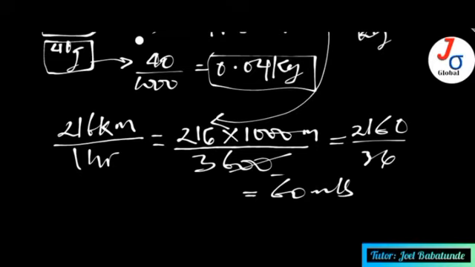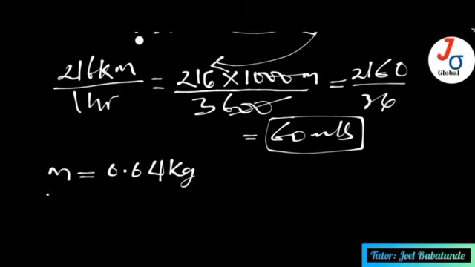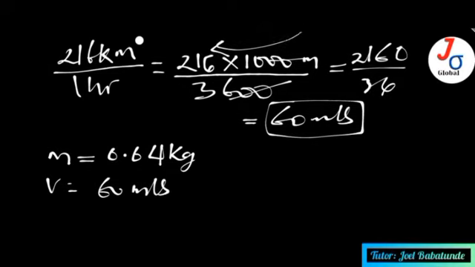So that's the speed at which the bullet is now traveling. Now we have the mass of the bullet to be 0.04 kilogram as calculated earlier, and the speed of the bullet to be 60 meters per second. So that's our conversion. You have to be able to convert.